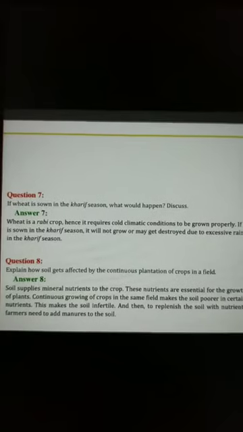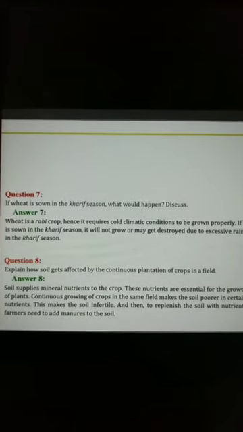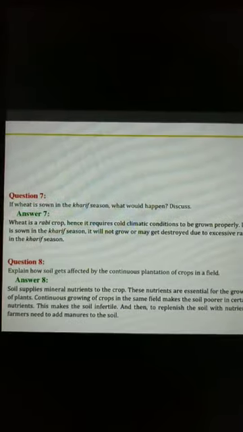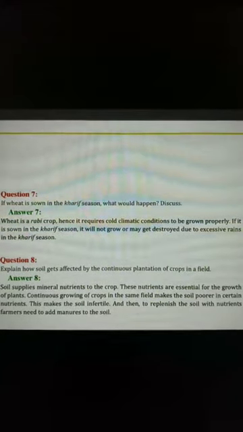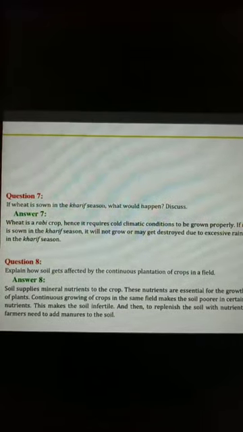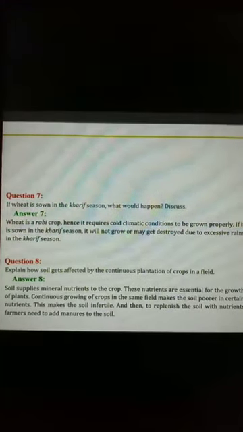If it is sown in the Kharif season, it will not grow or may get destroyed due to excessive rain. If the wheat crop gets more and more water, it will get destroyed or will not grow in a proper manner. So wheat is grown in the Rabi season, in winter.